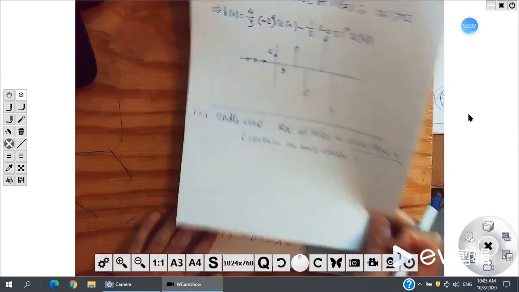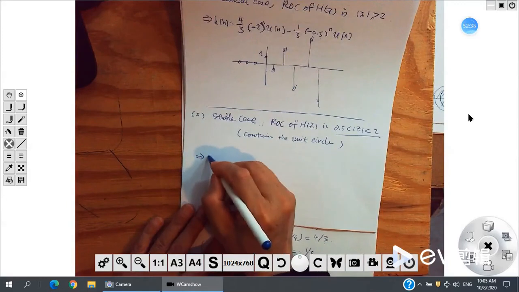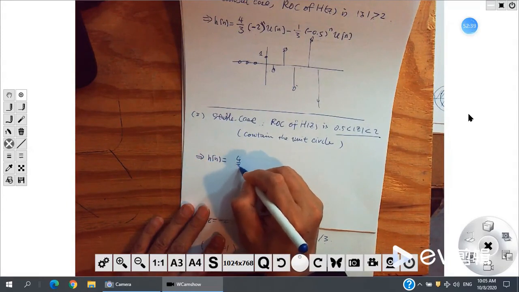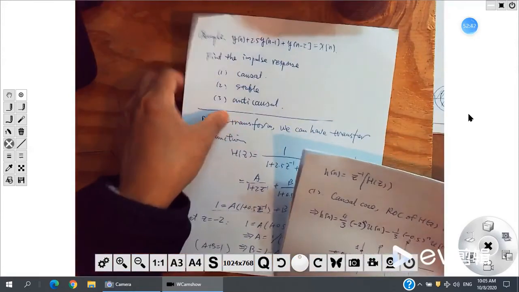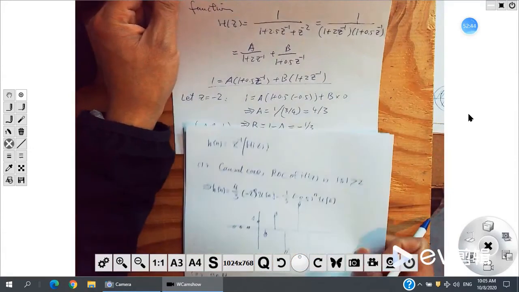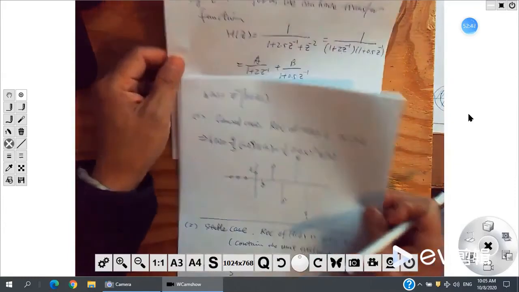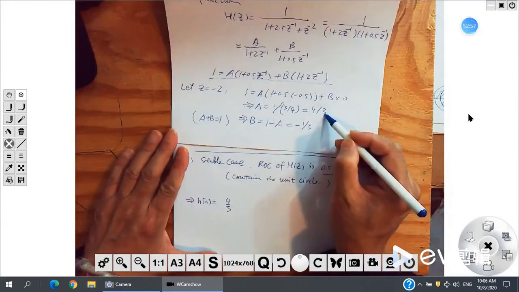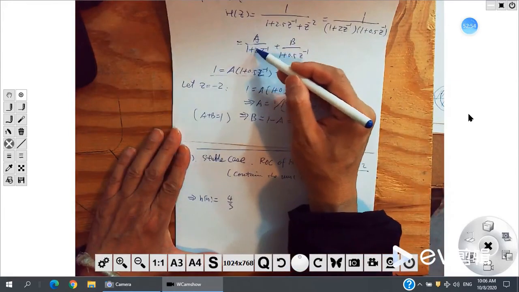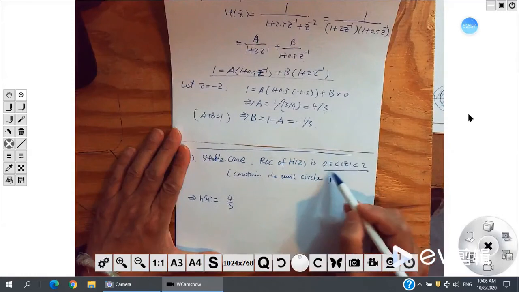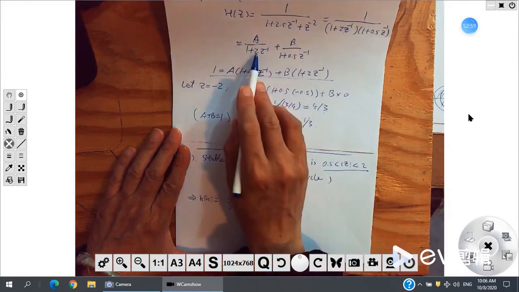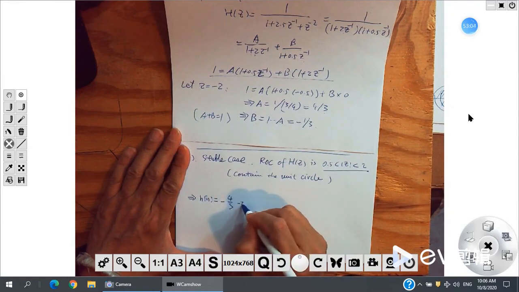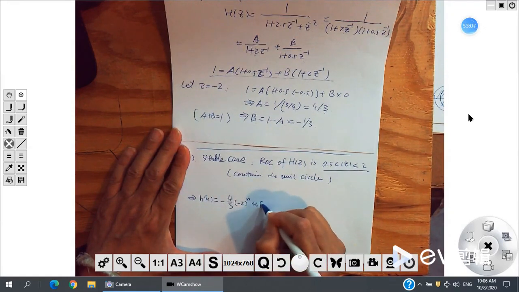So what kind of h of n can we have? The first one is A, which is 4/3, and A over this one. But now the RC is smaller than 2. Smaller than 2, so we will have negative 2 to the n, u of negative n minus 1.